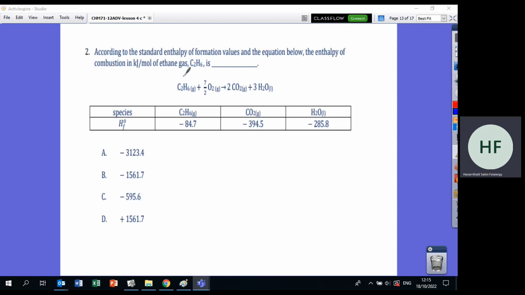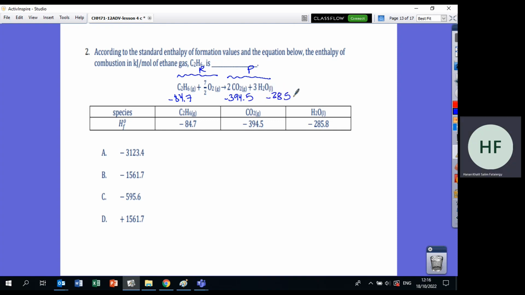Okay, same question here. You have C2H6, 7/2 O2, 2CO2, 3H2O. Now these are called the reactants and these are called the products. Heats are given. This one is minus 84.7. CO2 is minus 394.5.